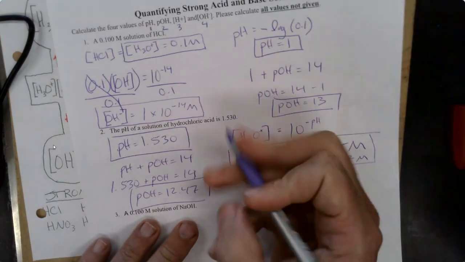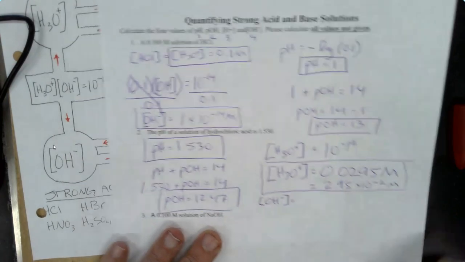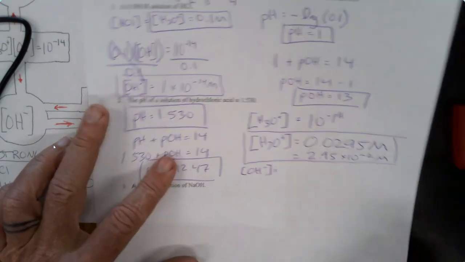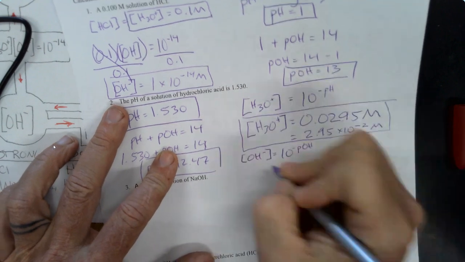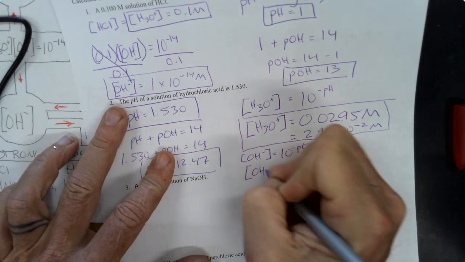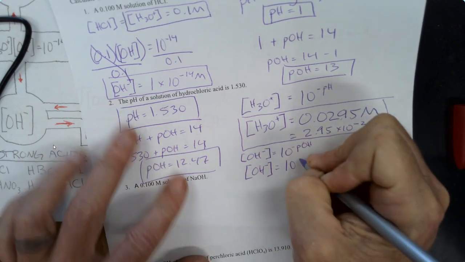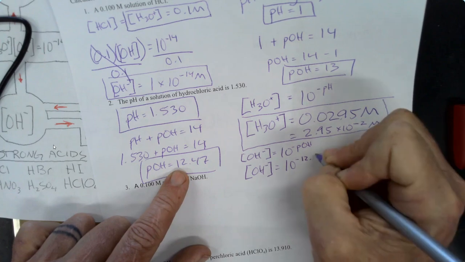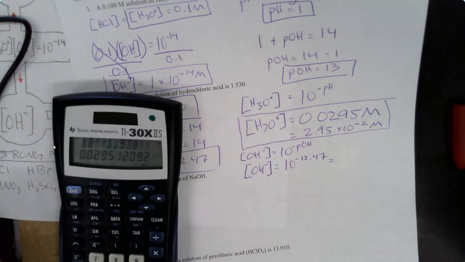So the hydroxide ion concentration is equal to 10 to the negative pOH. So the hydroxide ion concentration is equal to 10 to the negative 12.47, which is equal to, let's try it.